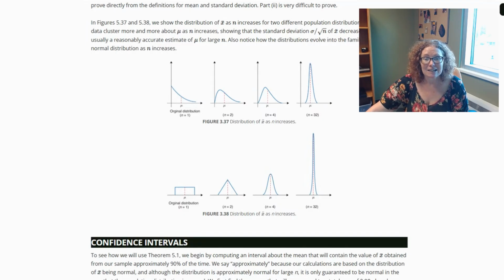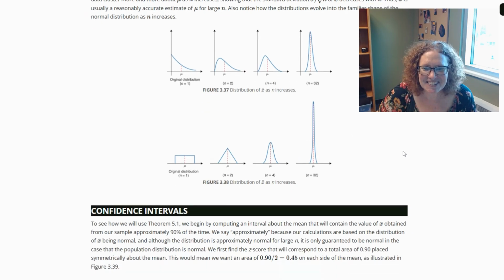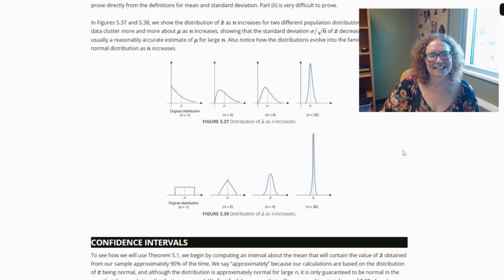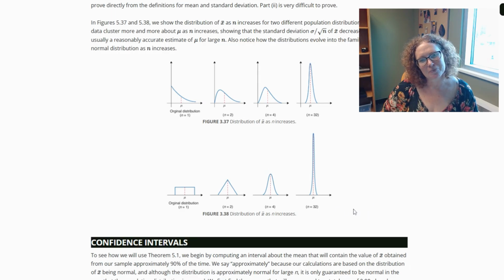We'll see. I like these graphs right here, and you can see that depending on the size of your sample, that's what your graph is going to look like. It looks more like what we want, more like our normal curve, as the sample size gets bigger.